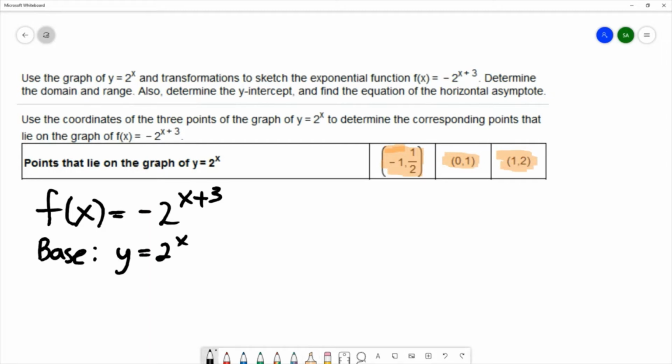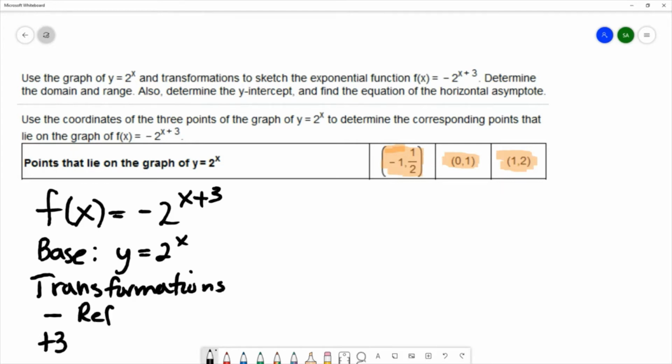And then we have two transformations that are occurring on our function f of x, and they correspond with the negative and the plus 3. The negative is a reflection, and because that negative is outside of our base function, it's a vertical reflection.